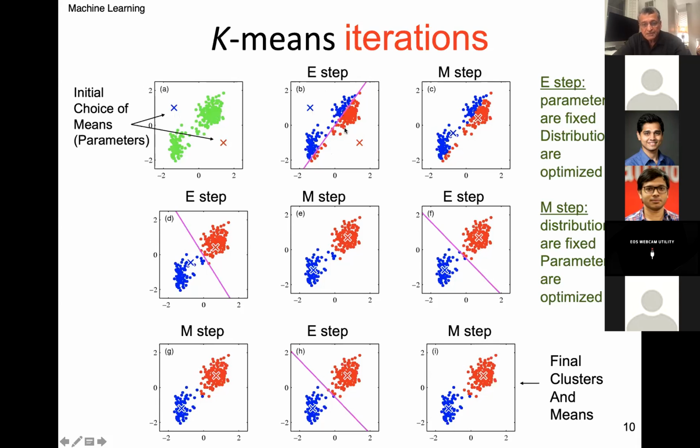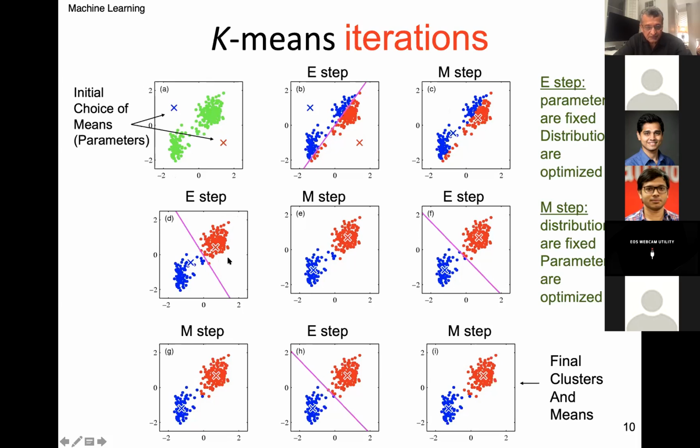And we compute the means for the red points and the blue points, which are these two, which seem to be a better estimate for the two clusters than the earlier ones, which were way off. So we again repeat the E step, which says draw the perpendicular bisector between these two, which is this one, and assign the points to the closest ones.